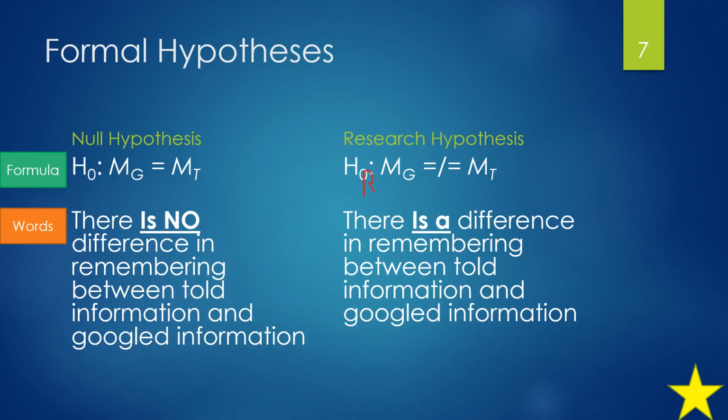So HR is mg not equal to mt. So again, M means means or averages, G Googled, T told. Our research hypothesis is that the average of information people remember that they Googled is not the same as the average amount of information people remembered that they were told. In other words, there is a difference in remembering between told information and Googled information.